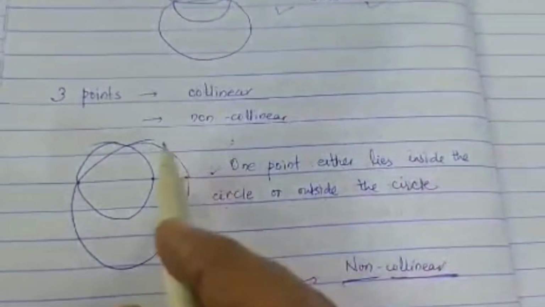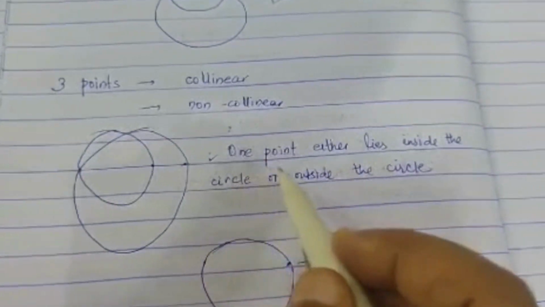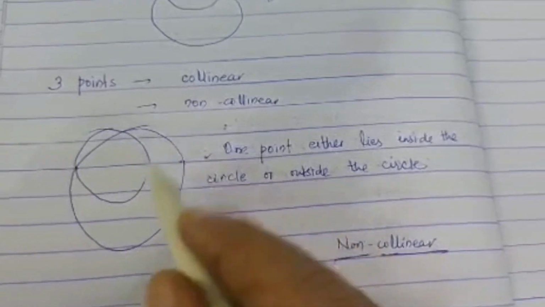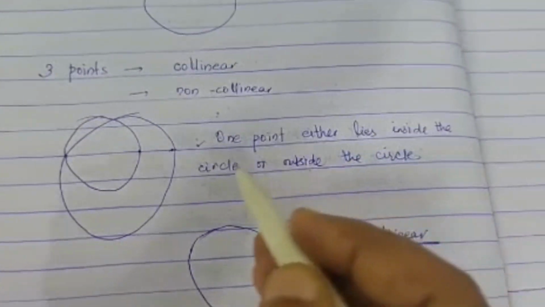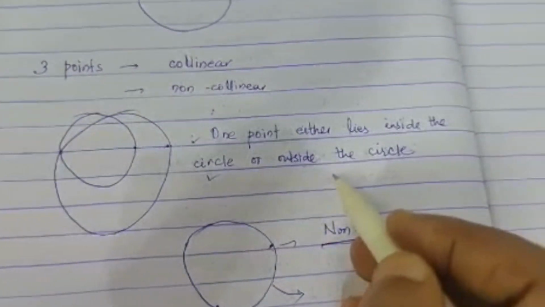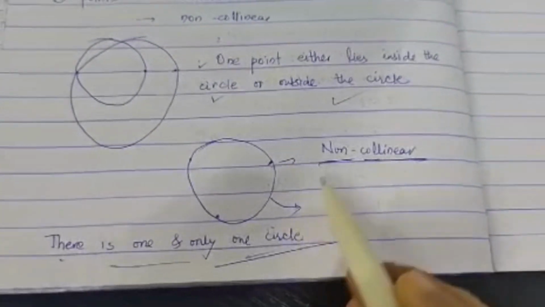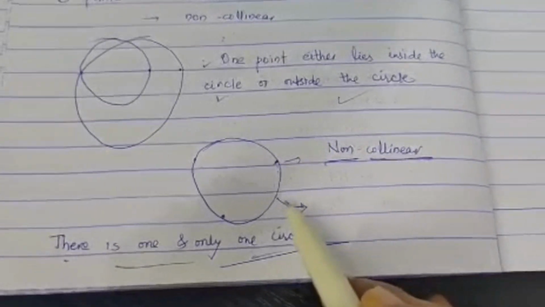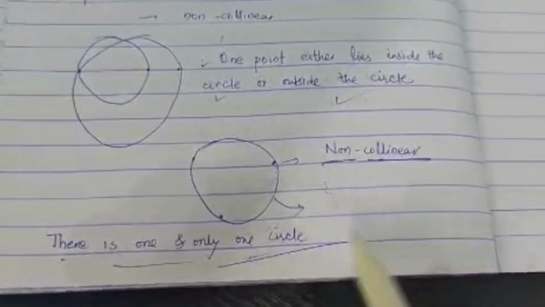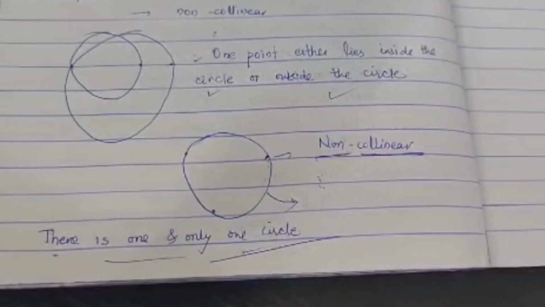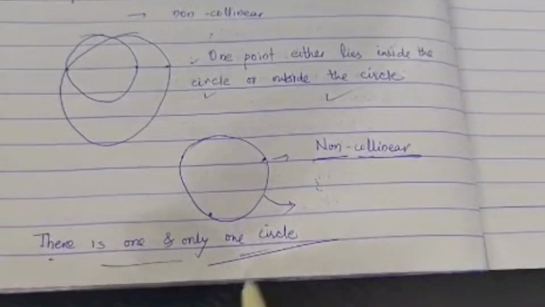But if 3 points are given, and all the 3 points are collinear, then you cannot draw a circle covering all the 3 points. 1 point will either lie inside the circle or outside the circle, the interior or exterior of the circle. So we need 3 non-collinear points to draw the circle. This is our agenda, that there is one and only one circle passing through 3 given non-collinear points.